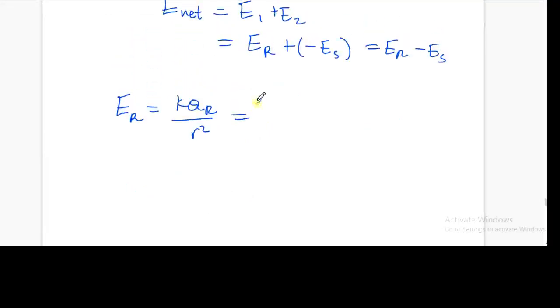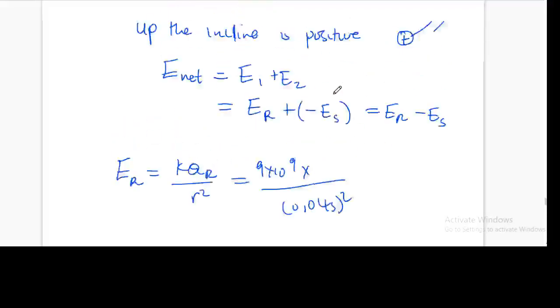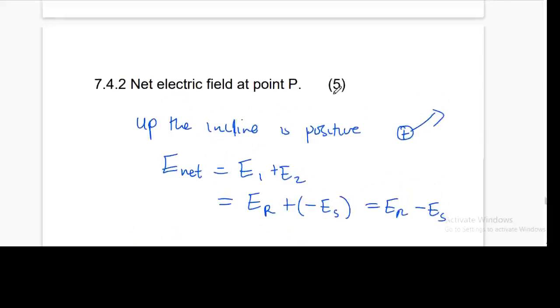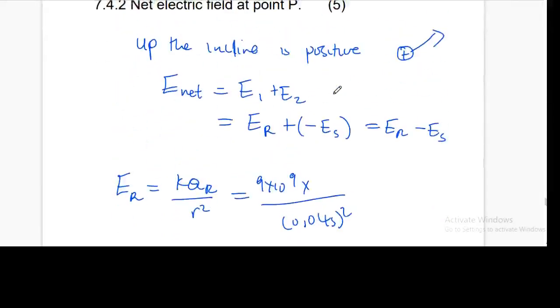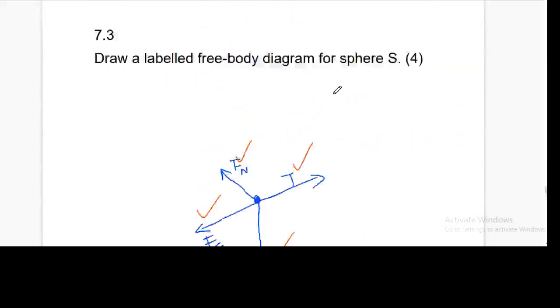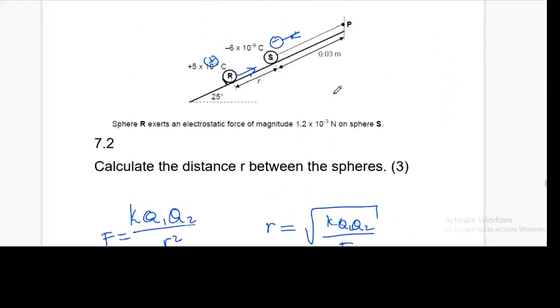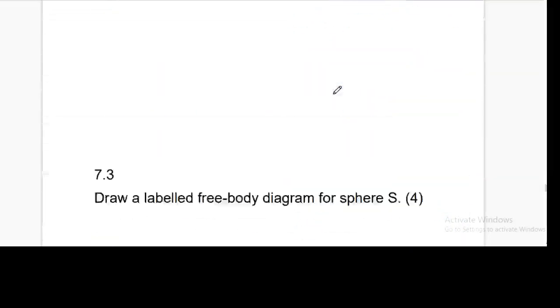So 9 times 10 to the power 9, over 0.045 all squared. And then what is the charge of R? 5 nanocoulombs.